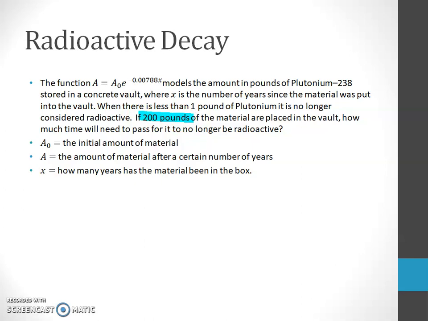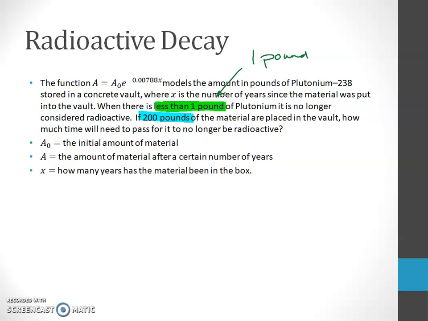And our end value, they didn't explicitly say this was our end value, but they want to know when it will no longer be radioactive. Well, that's going to be less than 1 pound. So our end value that we will use for this is just going to be 1 pound. Because anything past that time that we find for our answer here would be when it is less than 1 pound, which is when it would no longer be radioactive.